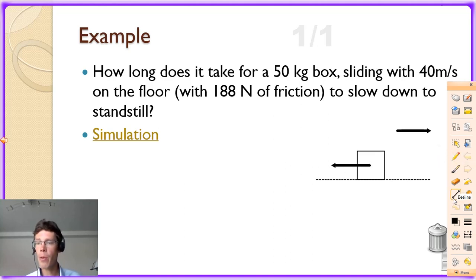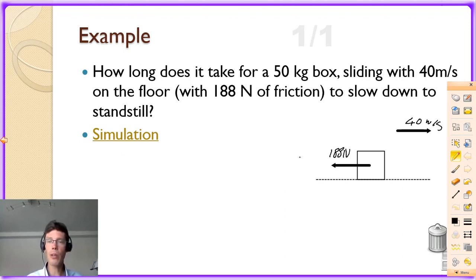What you should pay attention to is that the velocity is in a different direction than the force. The force is given as 188 newtons, but the force is working to the left and the speed is to the right. This is typical for braking. To reduce the speed, the force needs to be in the other direction.